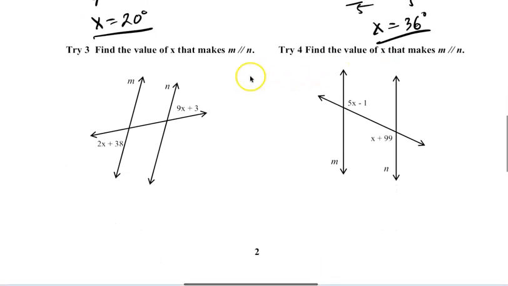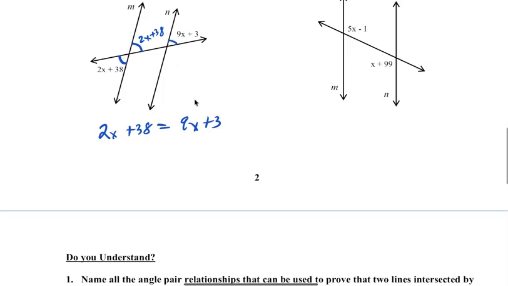Again, same concept. What makes these things parallel? These will be alternate exterior angles, congruent. I don't remember that one as often, so I would do this: these are vertical angles, these are corresponding, so they must be equal. If we want them to be parallel, they must be equal. You can skip that if you just know alternate exterior, but I don't know that one that well.